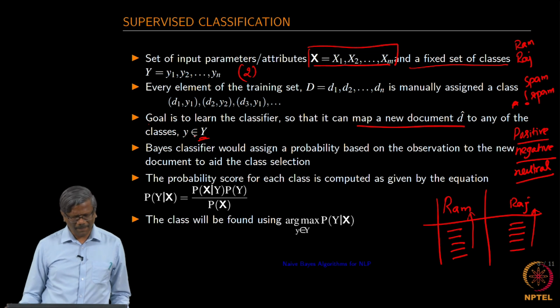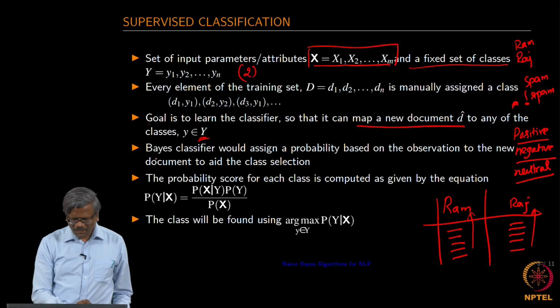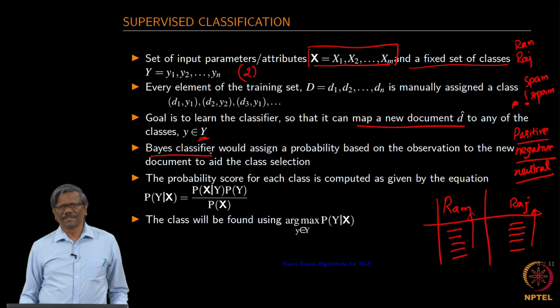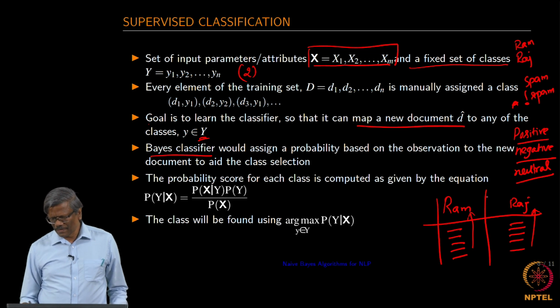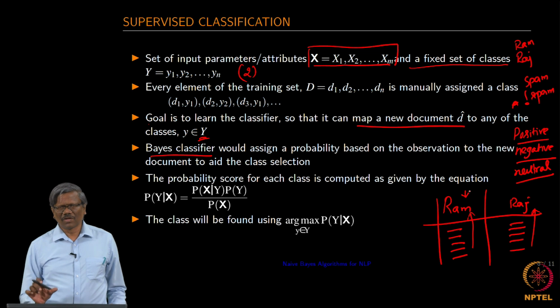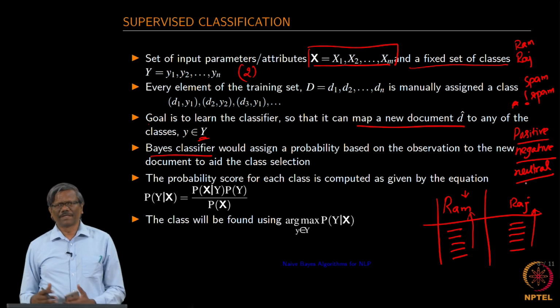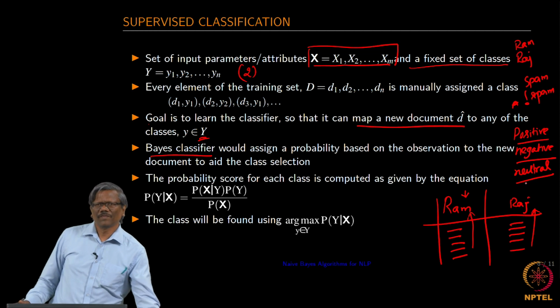That is the idea. In this case we are going to assign a probability to each class. We need to find the probability of that particular document belonging to Ram or Raj, and based on the values we pick whether it belongs to the class Ram or Raj.